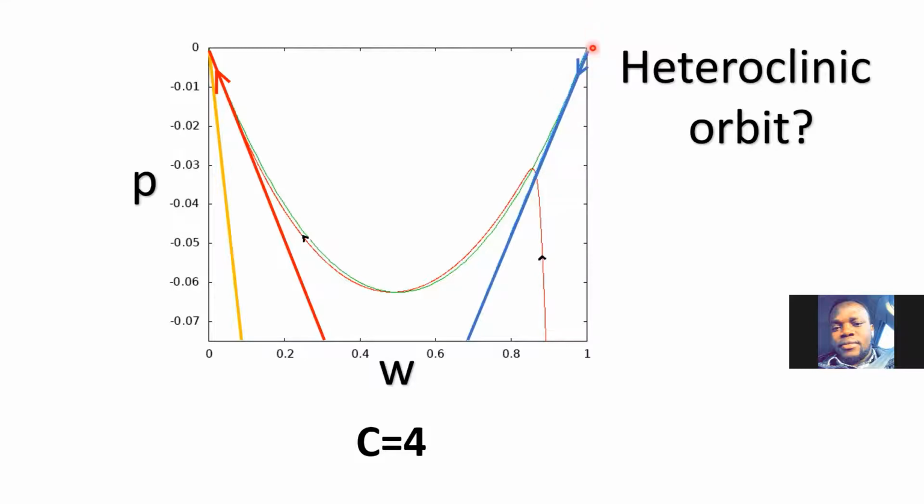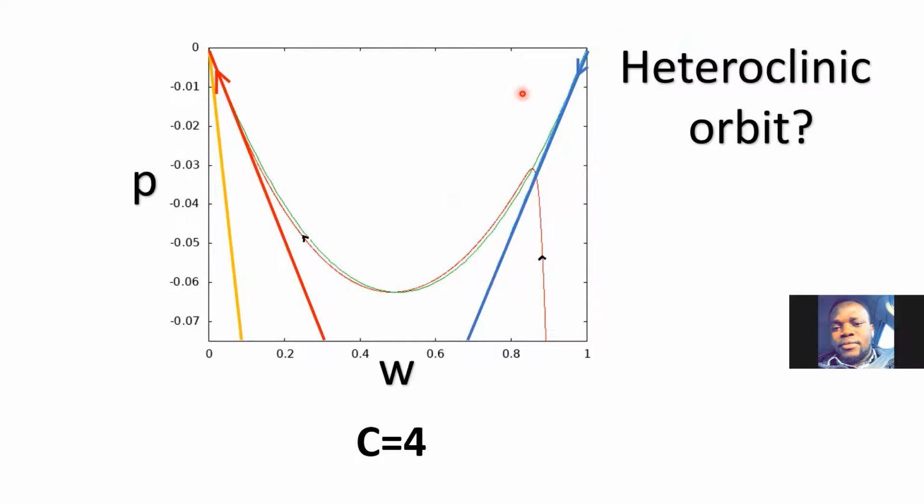I have no choice. So the solution is like the red one. It has to be there, and so it decreases. So if a solution starts from 0, 0, it has to follow this red line, and eventually it will cross this null line. It has no choice.